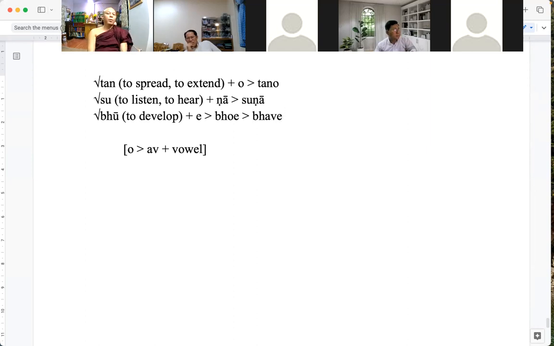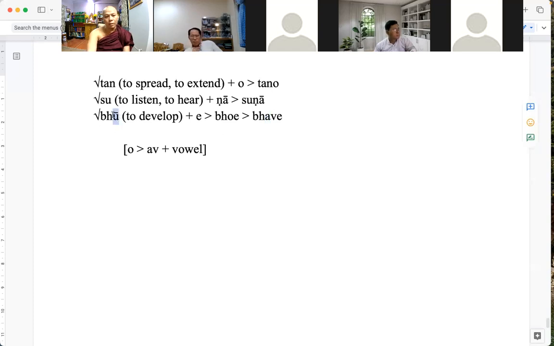So now we have the bhava. In this form also you see a. But before the a, the root vowel, that one is secondary, not the original root vowel.